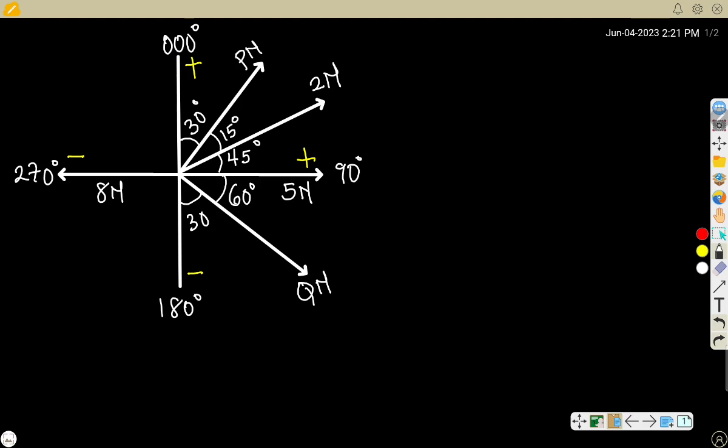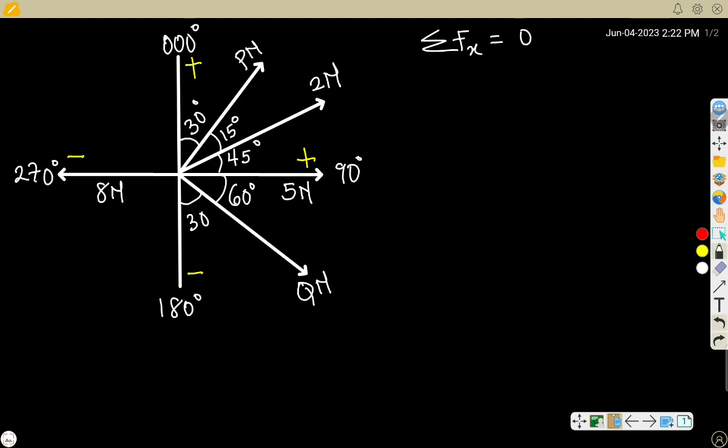For this system to be in equilibrium, the sum of all the forces in the horizontal direction must be 0. Now add all the forces in the horizontal direction. This is P, so resolve it to the horizontal. The angle of P to the horizontal is 30 degrees.